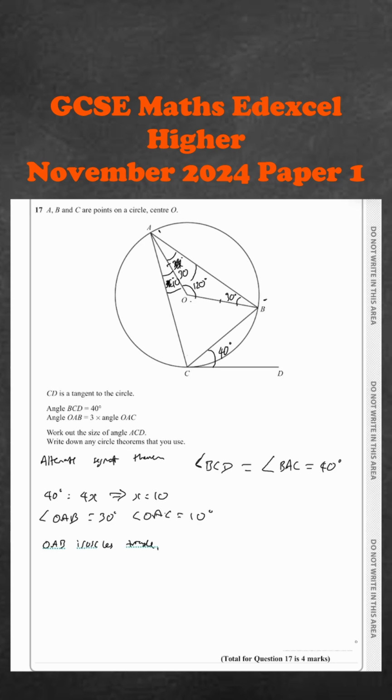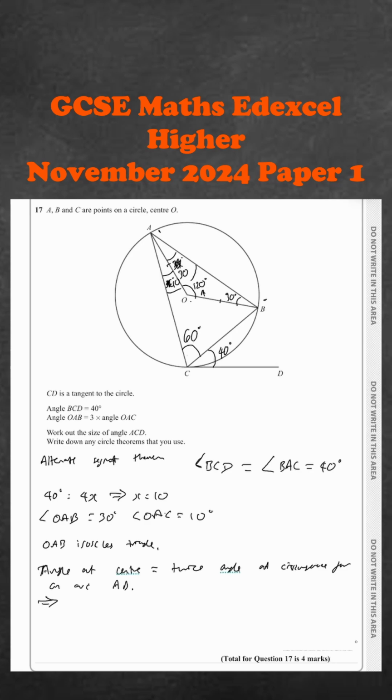So next, we're going to use another circle theorem and say the angle at centre is twice the angle at circumference for an arc. And our arc is going to be AB. So this angle in the centre here, this 120, is twice this angle here.